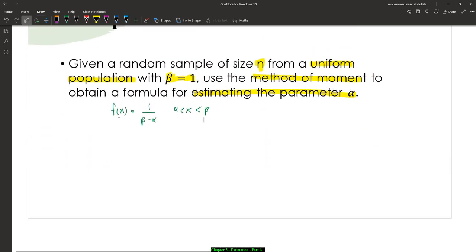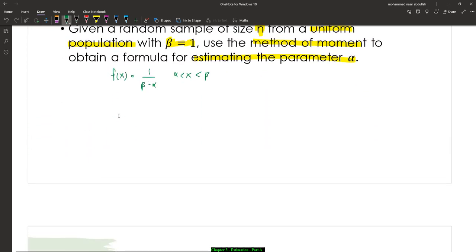So first step, we need to find the first moment about the origin, which is mu 1 prime, which is also equal to expected of x. This is a continuous random variable, so the integral should be from alpha to beta of x over beta minus alpha with respect to x.